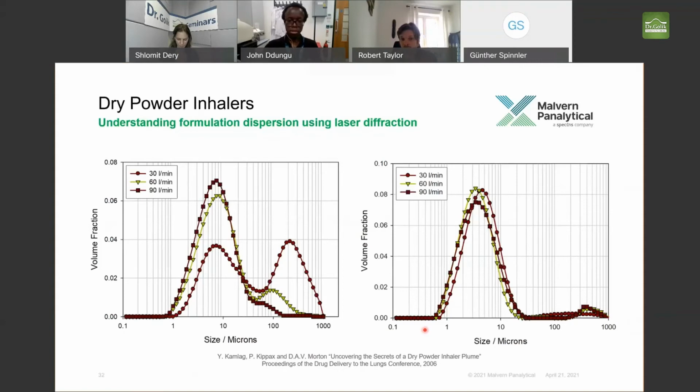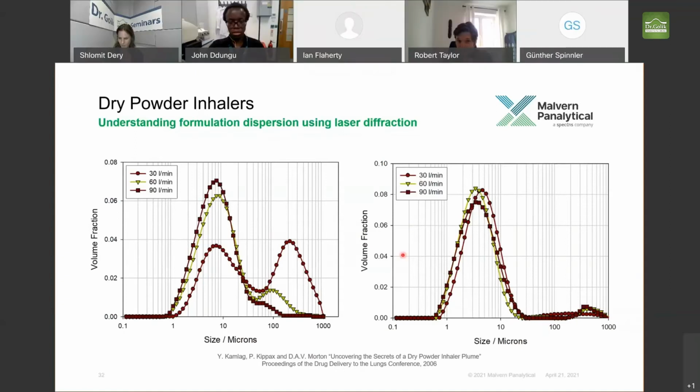And this is why we now get much more consistent particle size distributions at the full range of flow rates. So by changing the formulation slightly, we've optimized the particle size distribution, and therefore we would expect a reduced variability across the patient cohort.